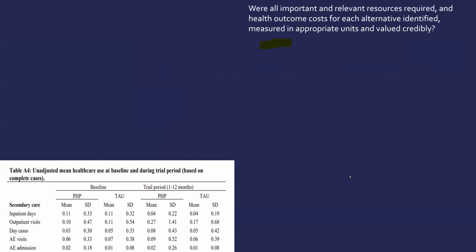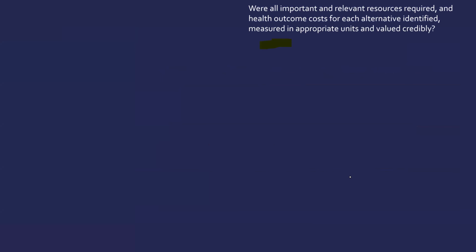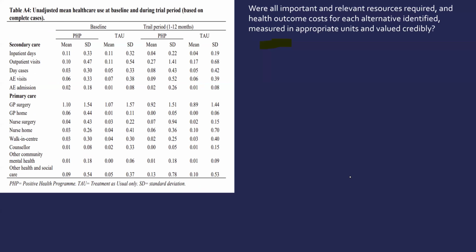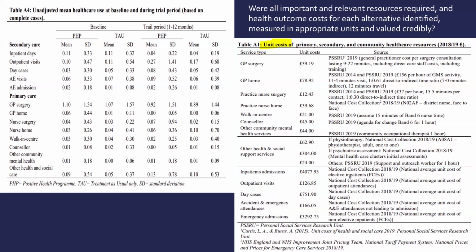How were the values derived, and are they credible? The first value is cost. How did they get the cost? This was not from each person being interviewed for cost assessment. It was taken from their database, the unadjusted mean healthcare unit charges. They gave the cost in that center and took it from multiple sources.